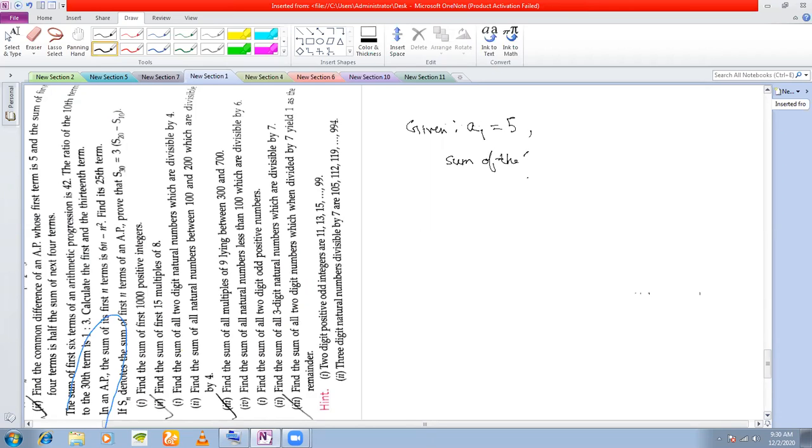The sum of the first 4 terms is half the sum of the next 4 terms.